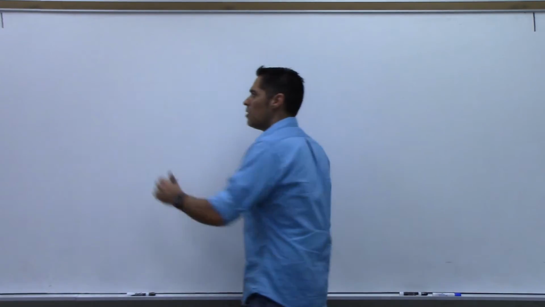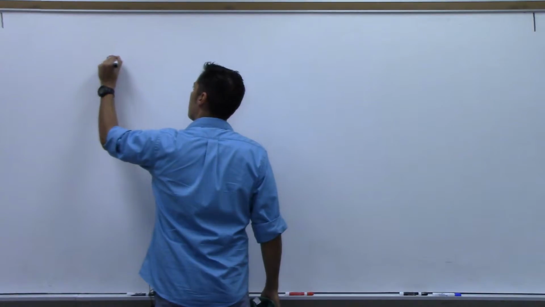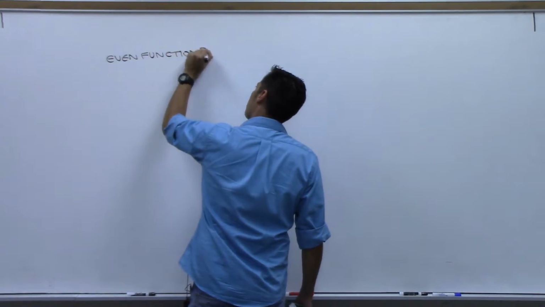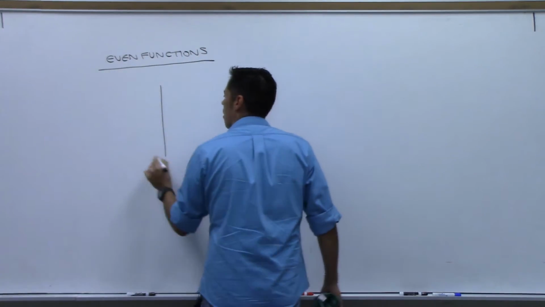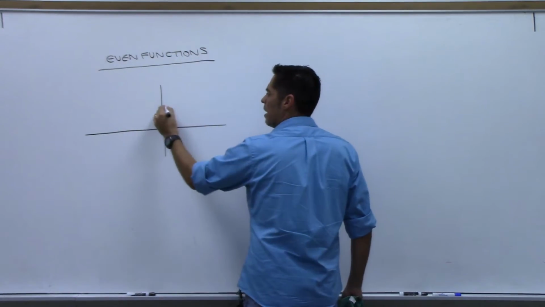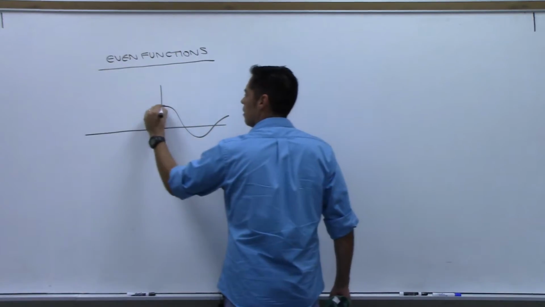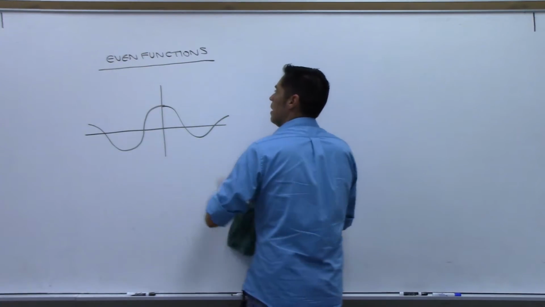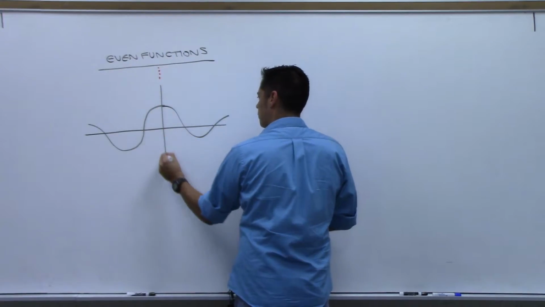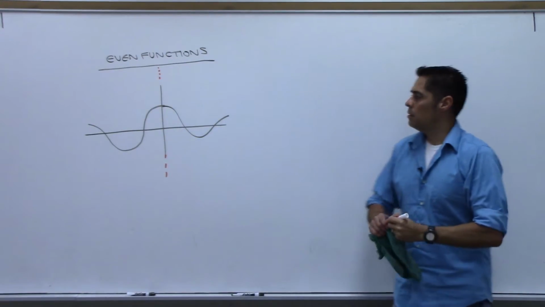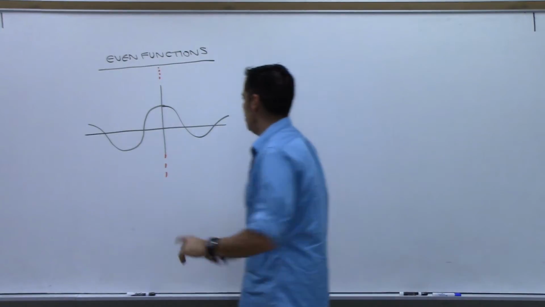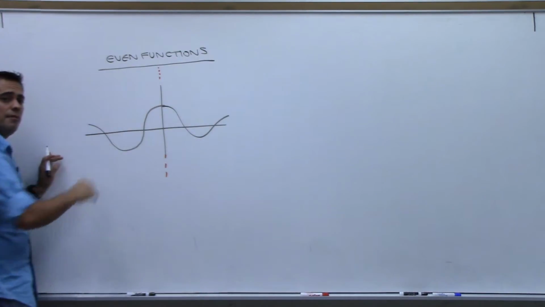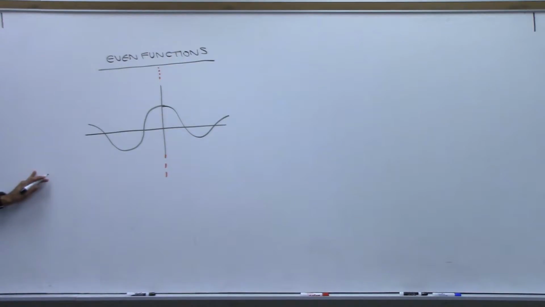Geometrically, even functions are reflections of themselves over the y-axis. If I take a function and reflect it over the y-axis and it lands right on top of itself, we call that an even function.